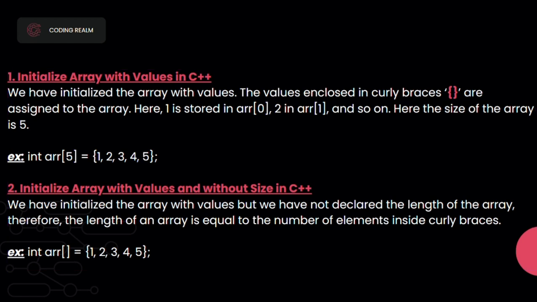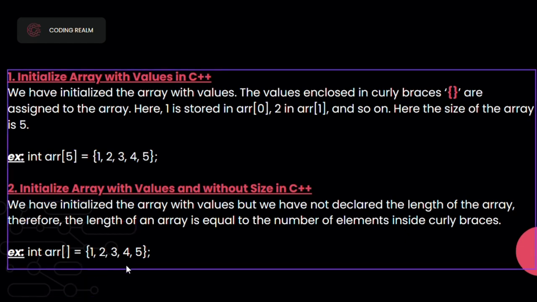Second, initialize the array with values and without size in C++. We have initialized the array with values, but we have not declared the length of the array. Therefore, the length of the array is equal to the number of elements inside the curly braces.